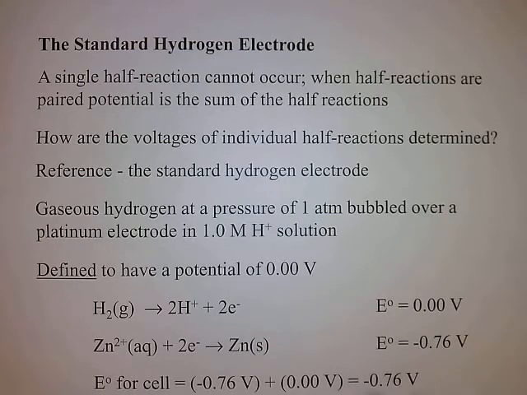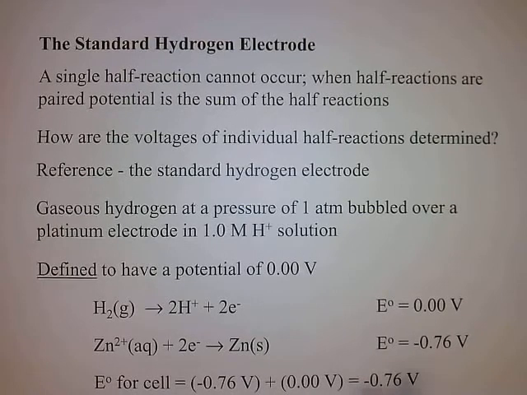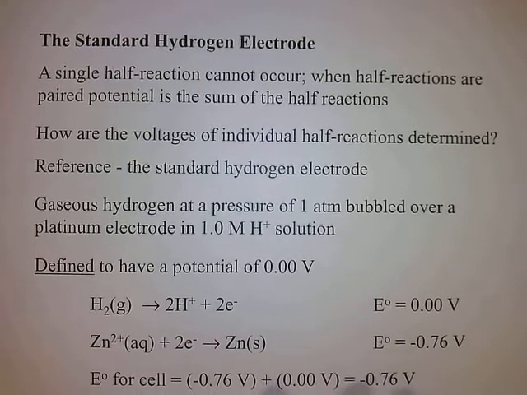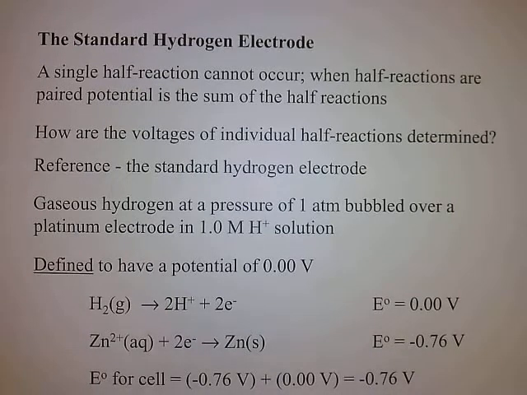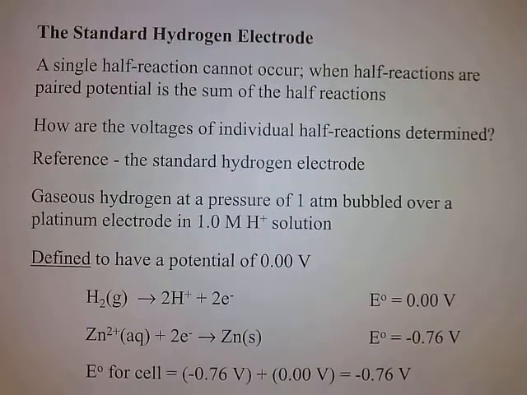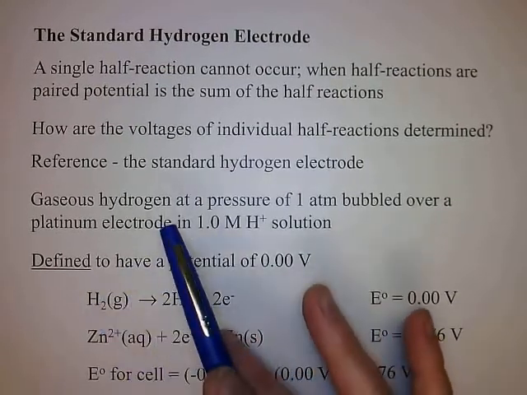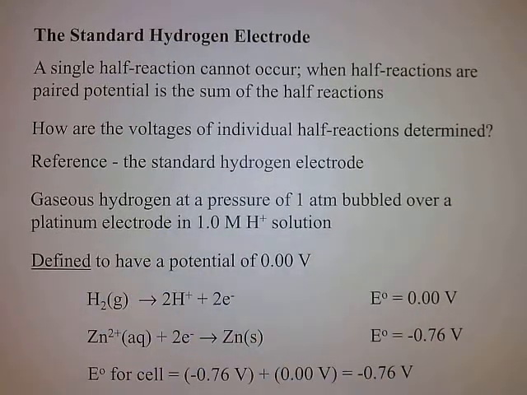You have to have a reference. You have to have a reference electrode. And in this case, that is the standard hydrogen electrode. So what is the standard hydrogen electrode? It consists of gaseous hydrogen at a pressure of 1 atmosphere, bubbled over a platinum electrode in a 1 molar solution of hydrogen ion.